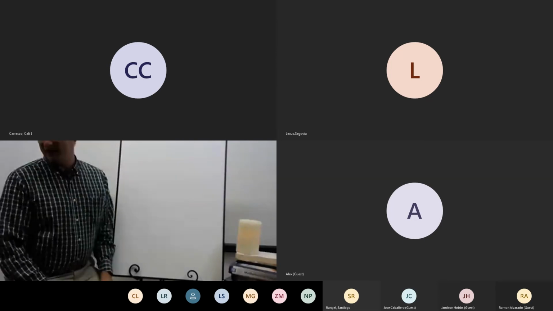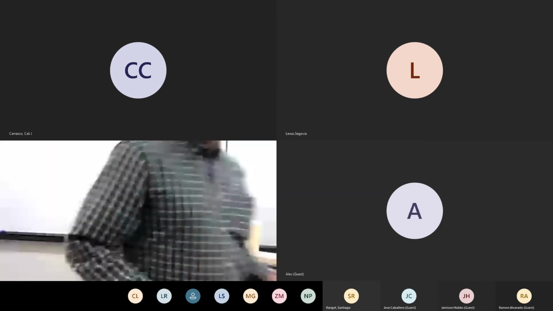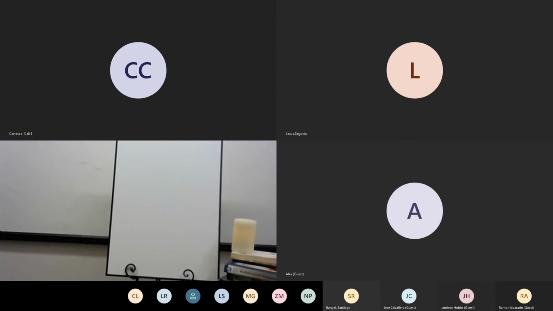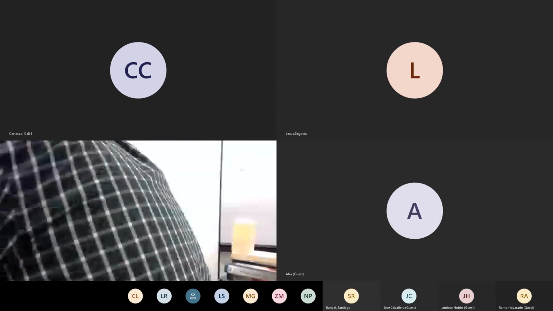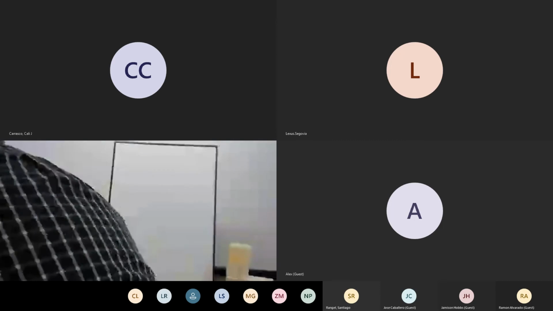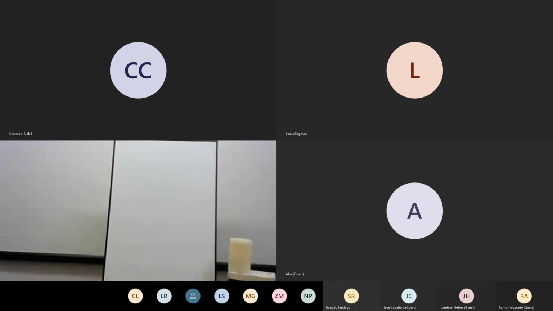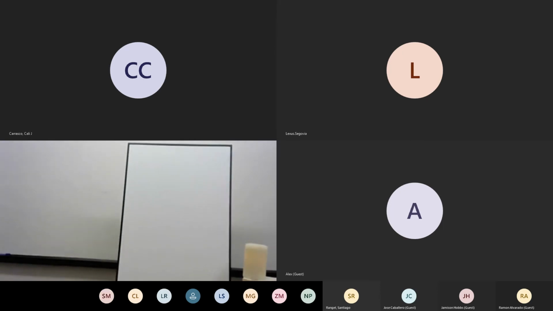So let me just see, is my head really cut off? Let me fix that real quick. Still a work in progress here. Hopefully that's a little better.